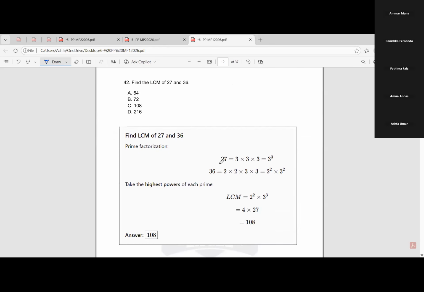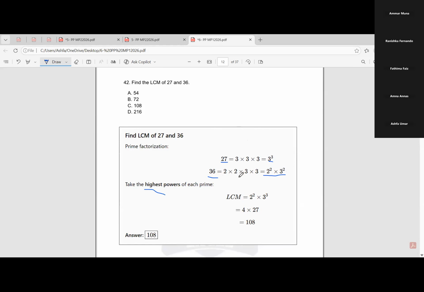LCM means the smallest number that both numbers can divide exactly. The safest method is prime factorization. So you can write 27 as 3 to the power 3 and 36 as 2 to the power 2 times 3 to the power 2. You can use the factorization ladder to get the factors.